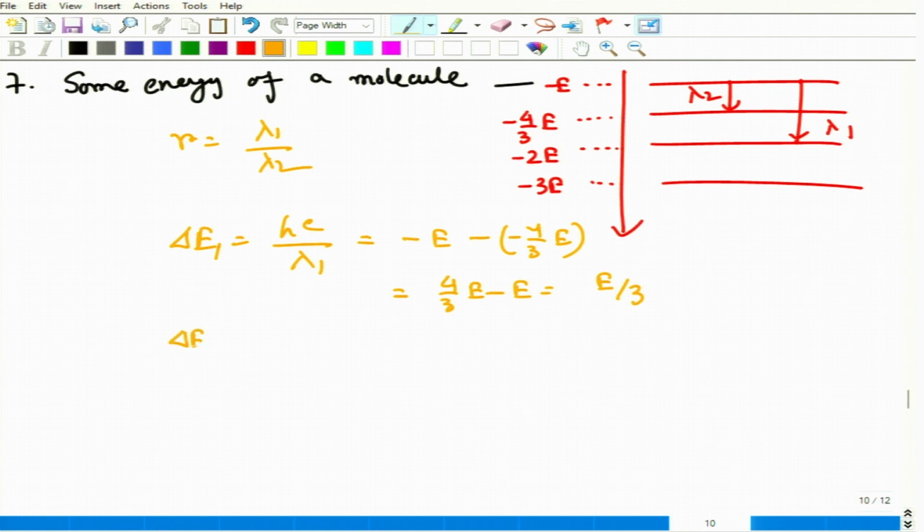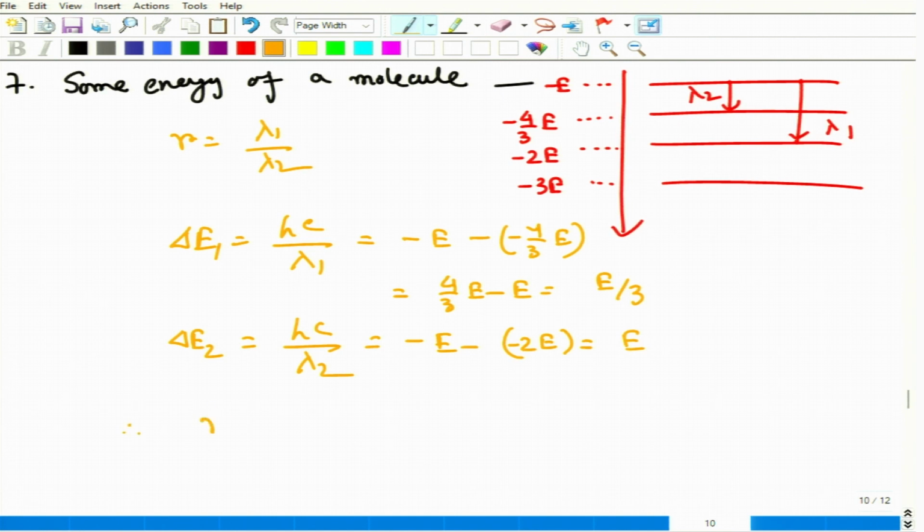Okay. Similarly, it's lambda 2. So again it will be minus E minus of minus 2E. Okay. So it's E.